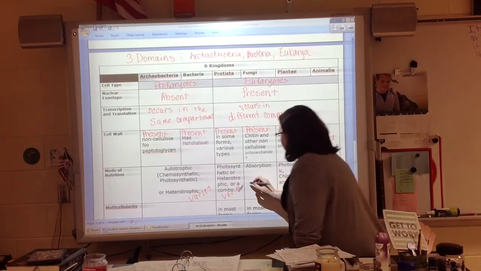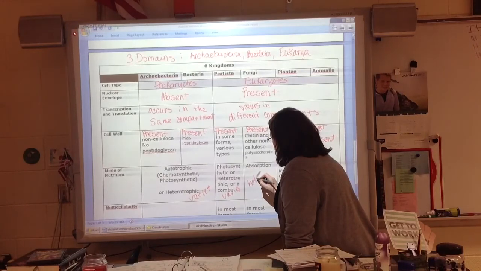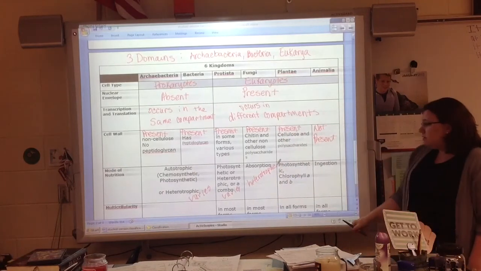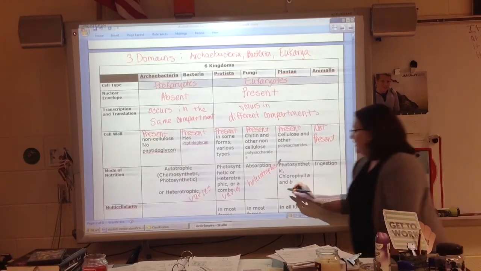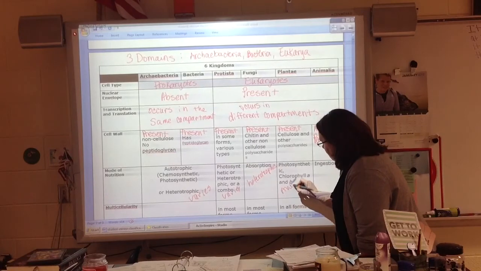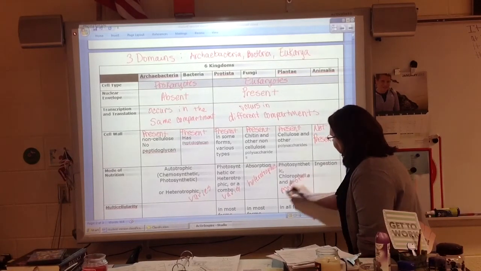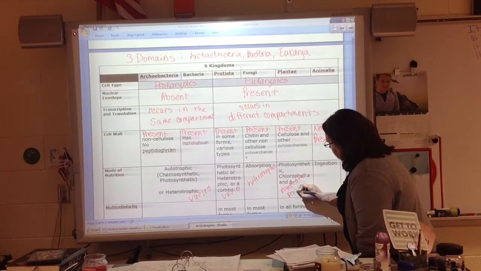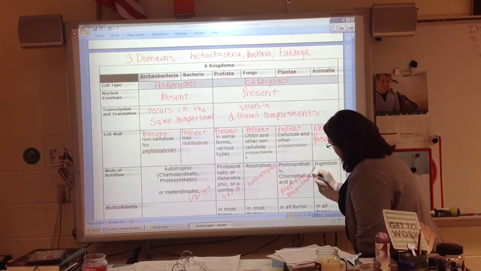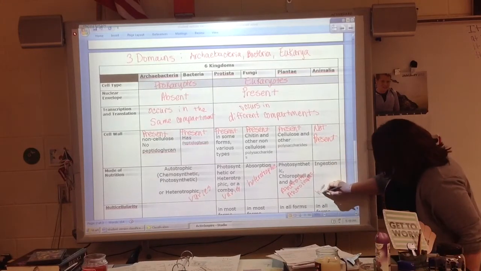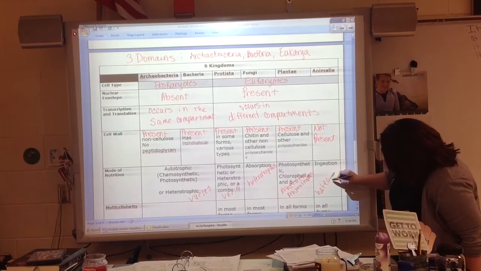It's heterotrophic for fungi, autotrophic for Plantae, and heterotrophic for Animalia.